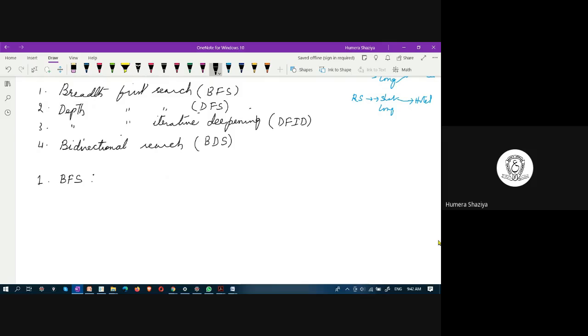This is a searching strategy that expands all the states one step at a time. Or we can say expand all states level wise or layer wise.